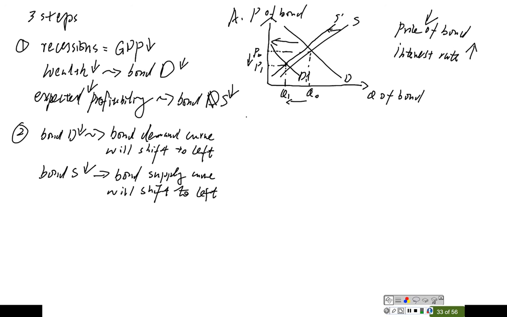However, this is the first scenario because we assume the bond demand curve shifts more than the supply curve. Some of you may ask, what if the bond supply shifts more than the bond demand? What happens? You have to draw another graph.